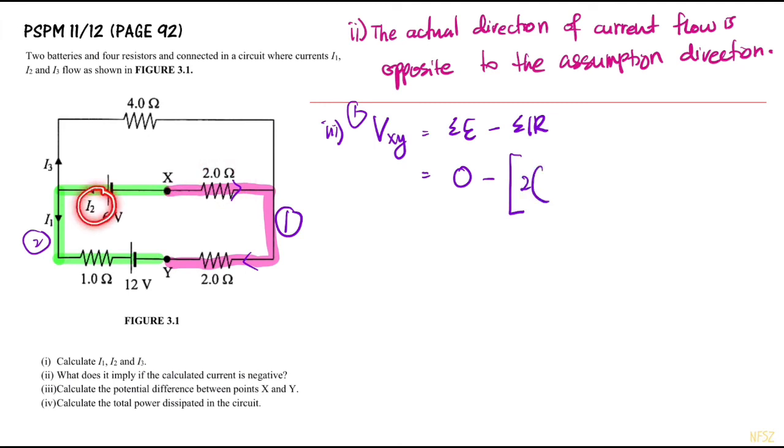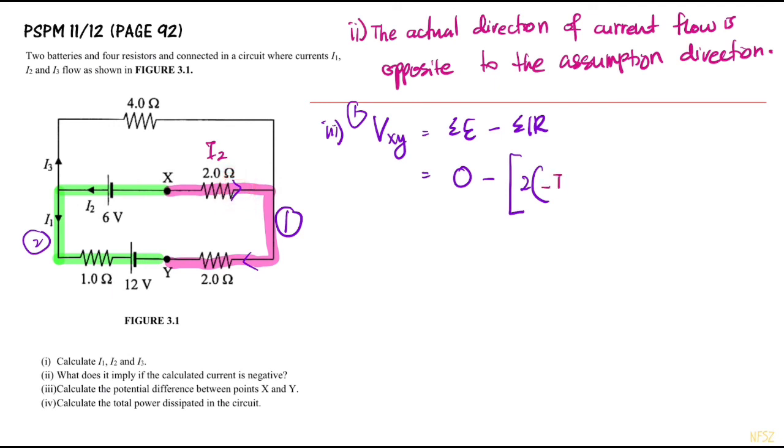Tadi kita dapat current 2 ni adalah I2. Saya tulis sini takut confuse. So sekarang ni dia punya color yang saya buat highlighter ni bukan indicate dia punya current. Dia indicate dia punya journey, dia punya route sahaja. Okay, so tengok I2 is to the left, tapi kita punya route kita ke kanan. So dia tak sama.